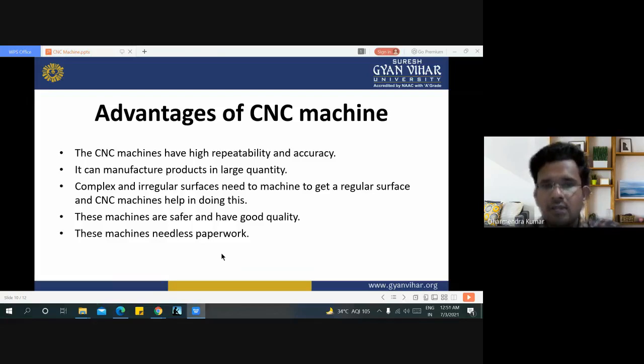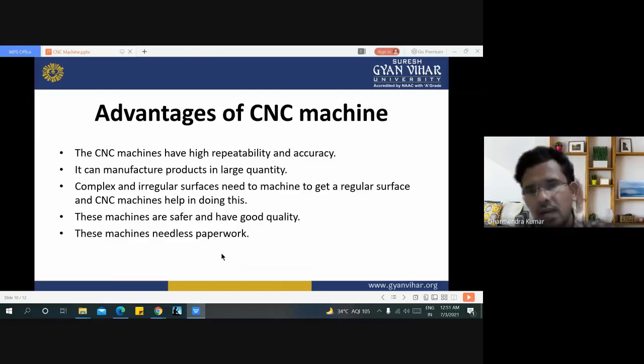Complex and irregular surfaces need to be machined to get a regular surface, and CNC machines help in doing this, with any complex shape of the workpiece. These machines are safer and have good quality.